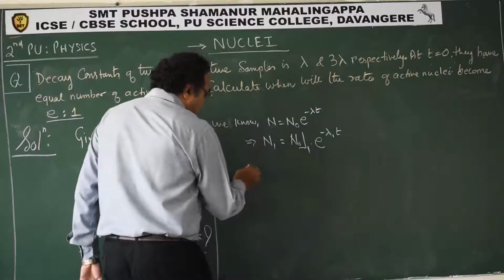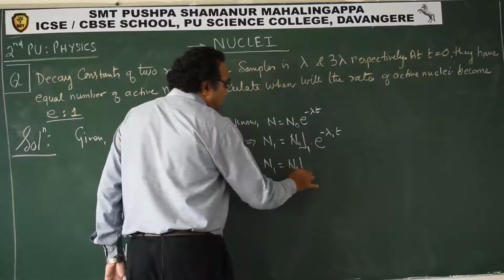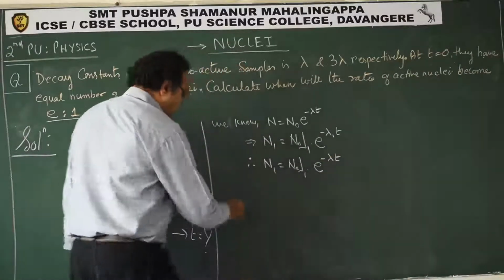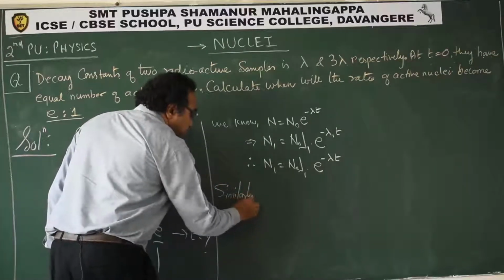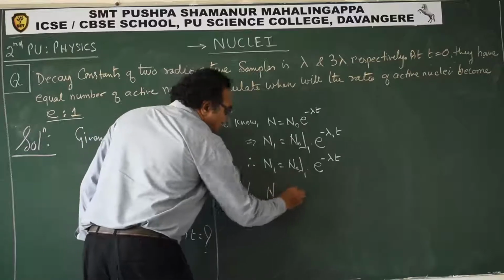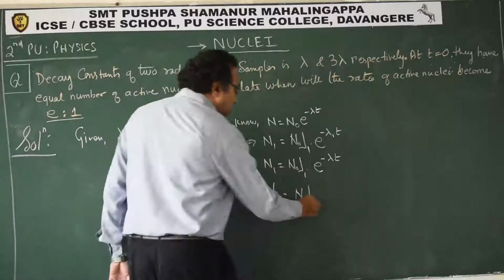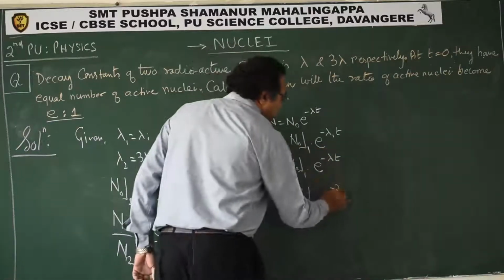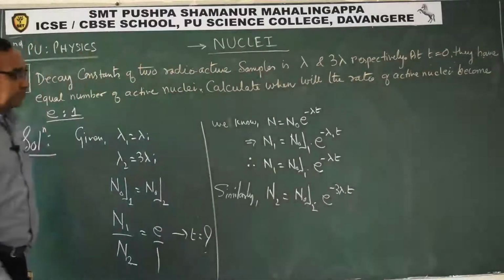So N1 is N0 of 1 e raised to minus lambda t. Similarly N2 will be N0 of 2 into e raised to minus lambda 2, which is 3 lambda t. This is what we have.